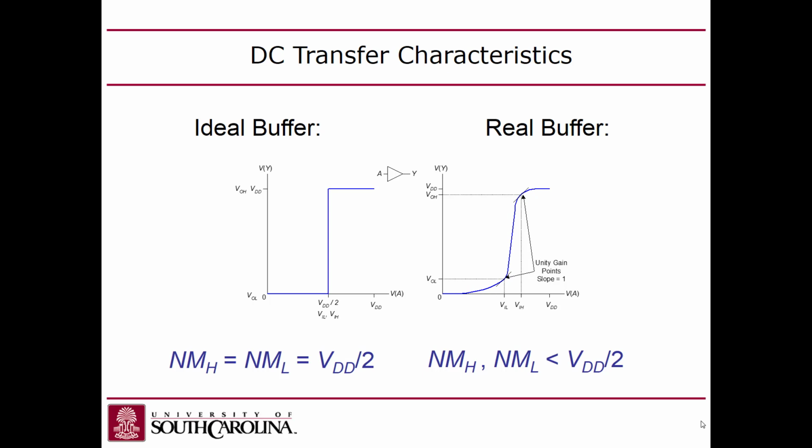In fact, it looks closer to this, where as you increase the input, the output increases to a lesser degree, right? Until you reach a certain point, which is labeled VIL, the input threshold for low. That's what the L, I, input low.